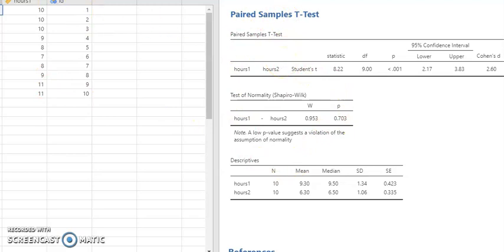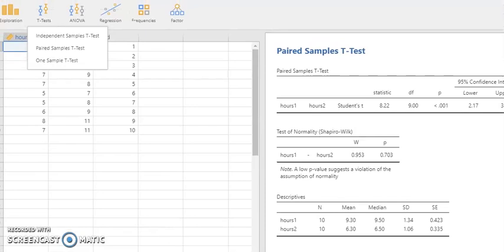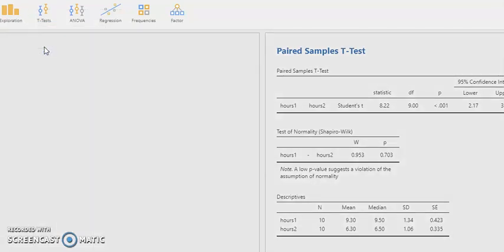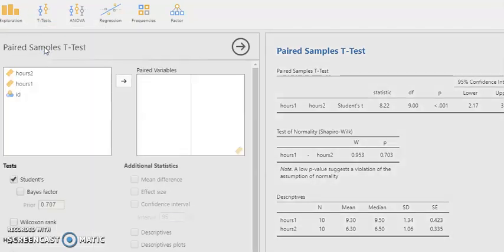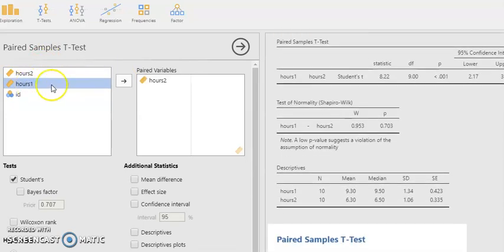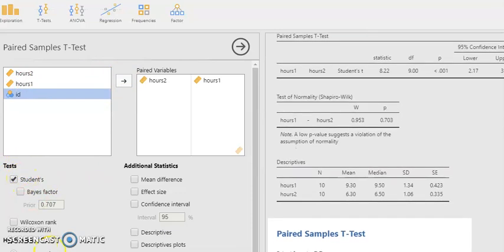In Jamovi, you would go to t-tests. Move it a little bit more, and then you're going to go to that paired t-test from there. And then you put hours 1 and 2. Again, this is totally optional because for your homework you're just going to do your output, but you'd put in your hours here, and then you'd keep it as Student's.